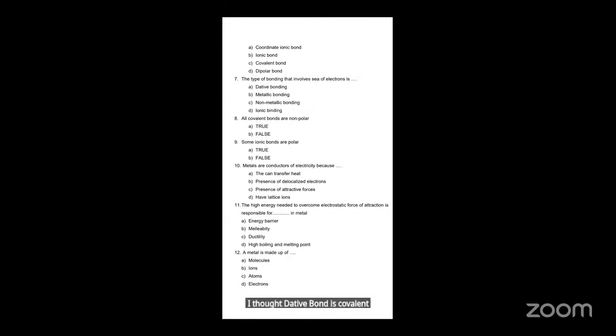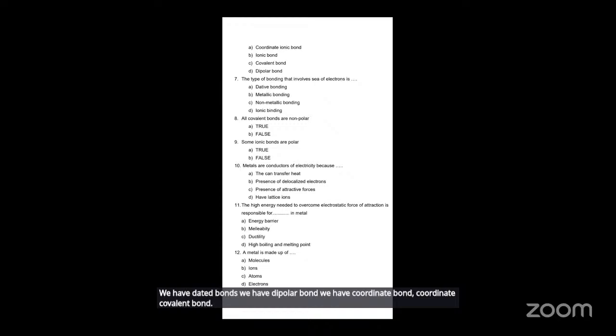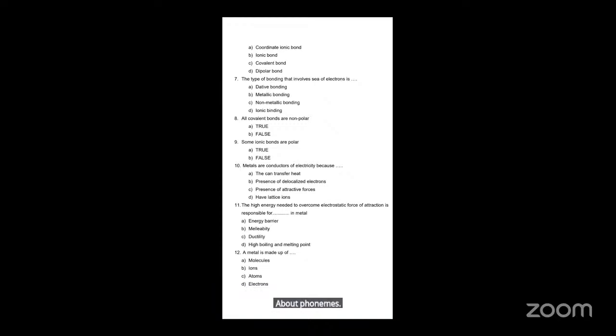We have dative bond, dipolar bond, coordinate bond, coordinate covalent bond, about four names. It's not a normal covalent bond, it's coordinate covalent. Okay, ma. Thank you, ma.